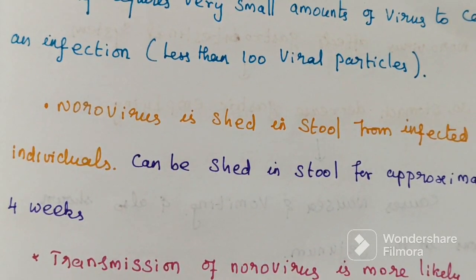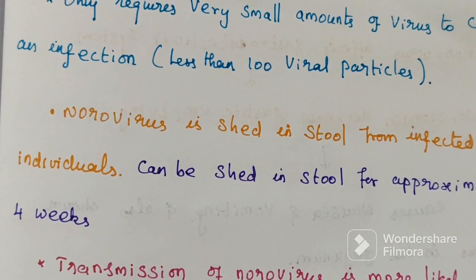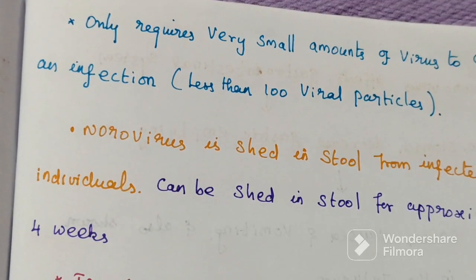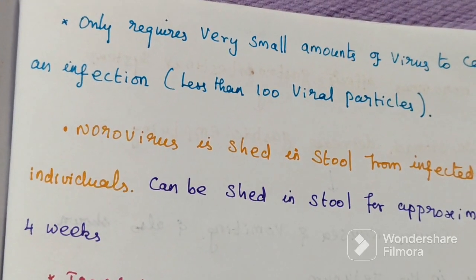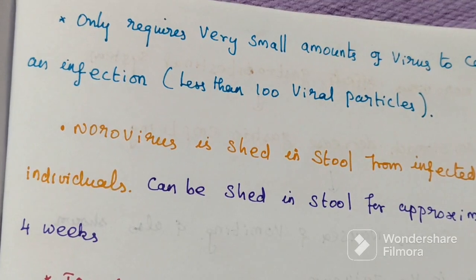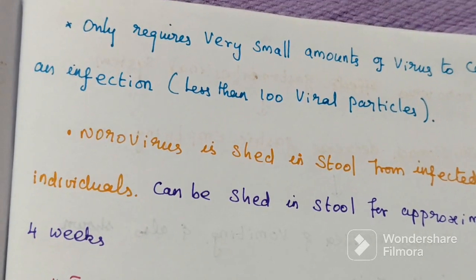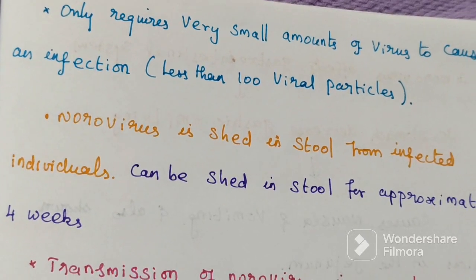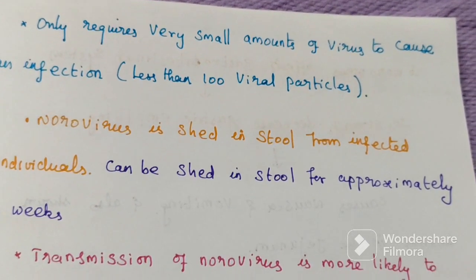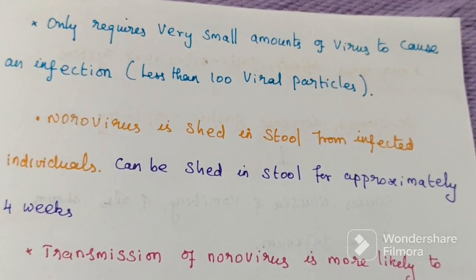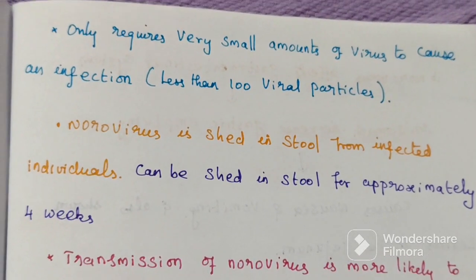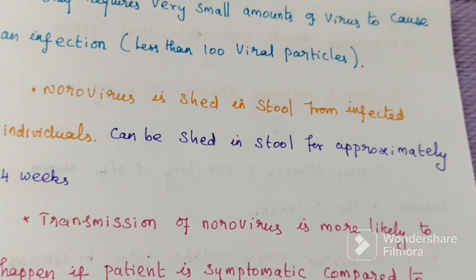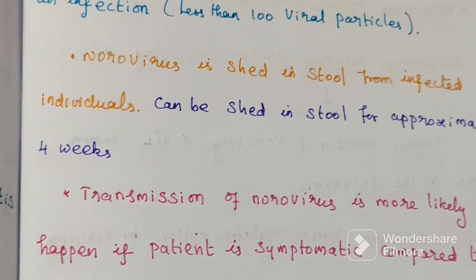What is really challenging about norovirus? It can be shed in the stool of an individual for approximately 4 weeks, and even months in some patients, especially immunocompromised patients.